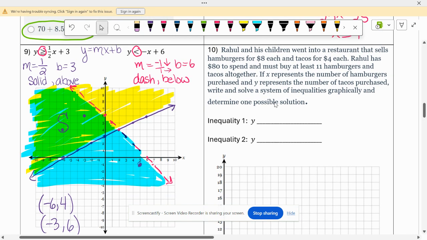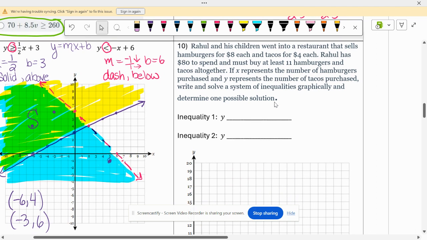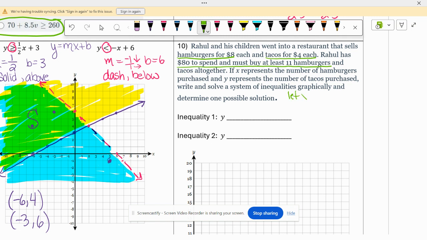Okay. Our last one says, Raul and his children went into a restaurant that sells hamburgers for $8 each and tacos for $4 each. Raul has $80 to spend and must buy at least 11 hamburgers. So let's see. If I let X equal the number of burgers, and I'm going to let Y equal the number of tacos.